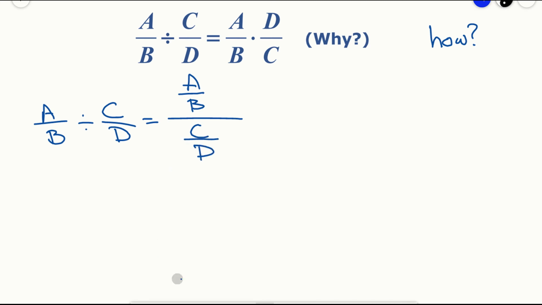Now, here's a nice little application of the cancellation property in reverse, okay? And the way that that's going to work is we're going to multiply the top and bottom of this fraction by the reciprocal of the denominator.